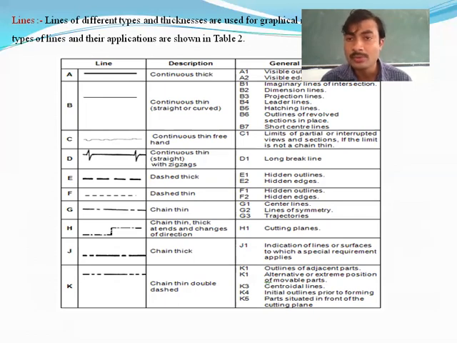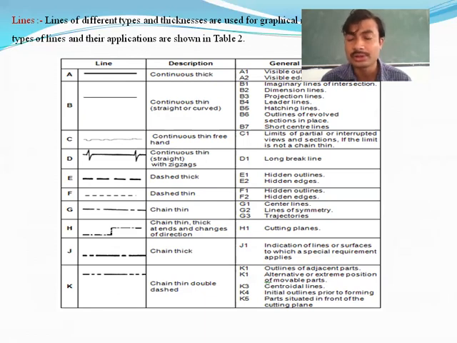Here you have to observe the starting and ending of the line is dark, as well as when it changes the direction. The remaining time the line is thin. The line is dark at the start, at change of direction, and at the end. The rest of the time the line is thin. Similar to the G category, that is chain thin.